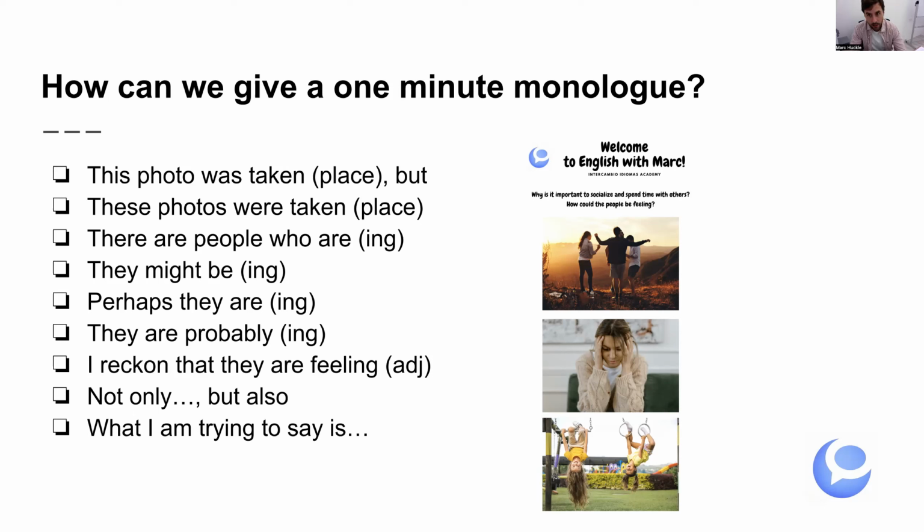Not only should people spend time with other people to feel happy, but I also think that people need to feel happy alone in order to be happy. What I'm trying to say is spending time together or spending time alone is important, but the important thing is you need to find a balance. And that's it. It's about 1 minute.